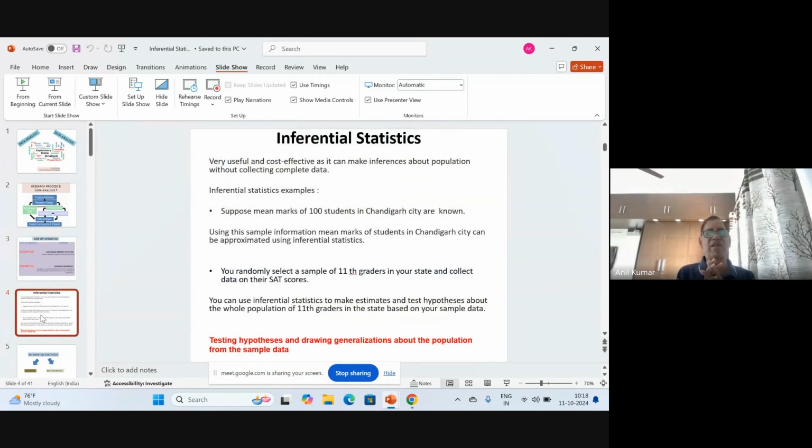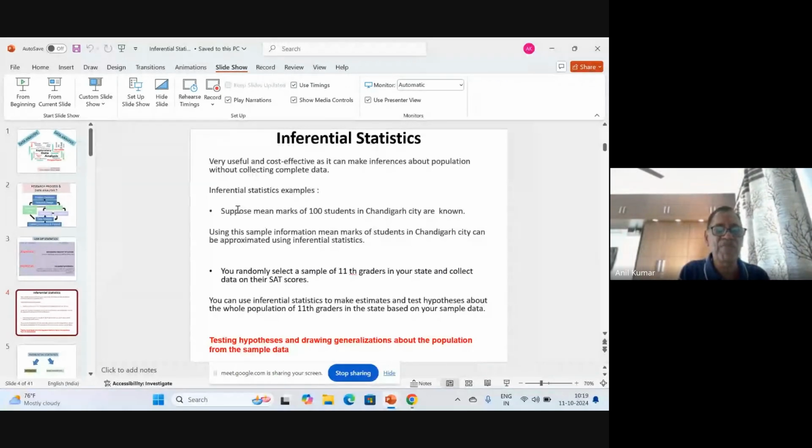Now look at inferential stat. Very simple examples are there. One thing, the moment we are trying to use inferential stat, it is very useful and cost effective. How is it cost effective? One reason is very clear: we have not collected data of the whole population, which is quite large, which is quite long.